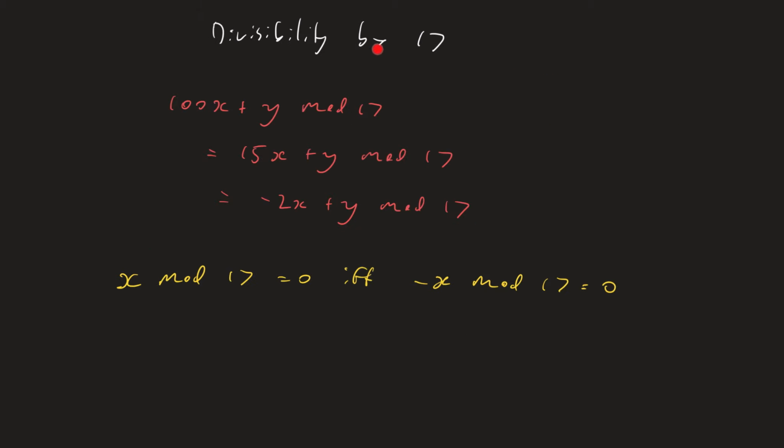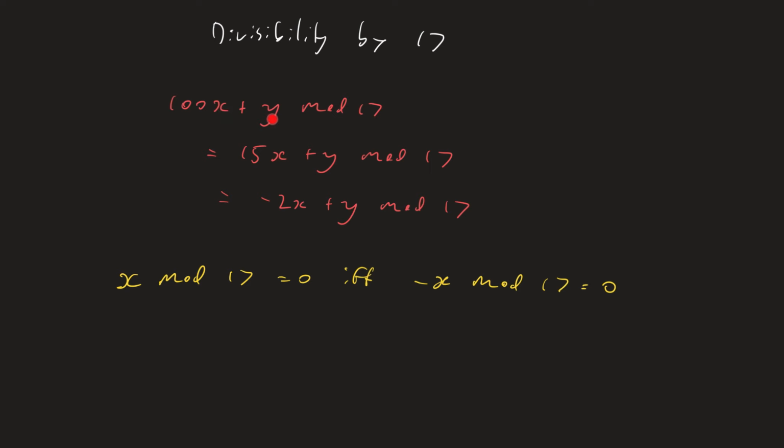When we tested for divisibility by 17, we separated out all the leading digits from the last 2 digits. So that's equivalent to writing our original number as 100 times x plus y, where y is the last 2 digits and x are all the digits in front of the last 2 digits. We're interested in what this number is modulo 17.